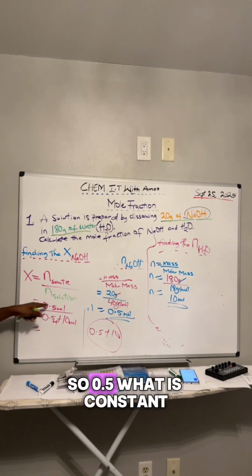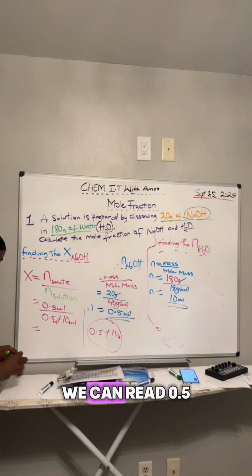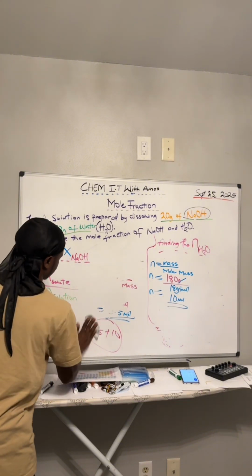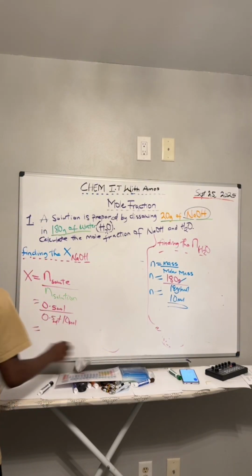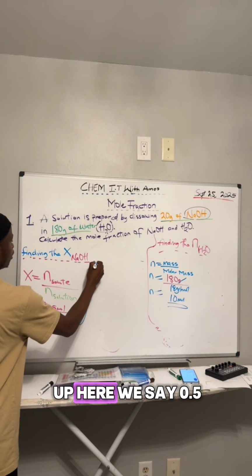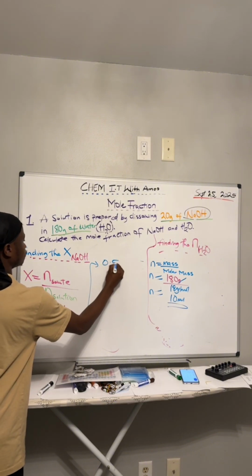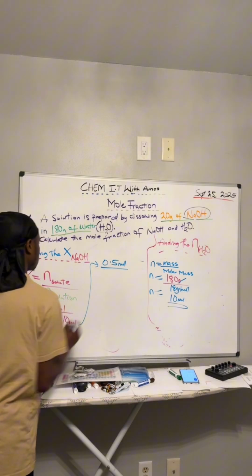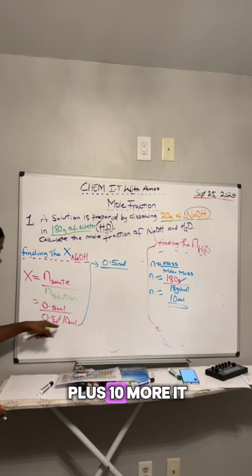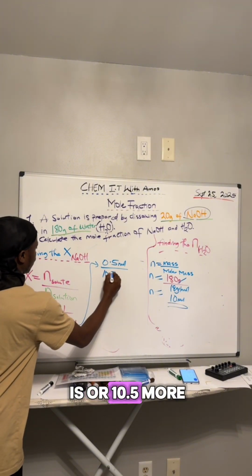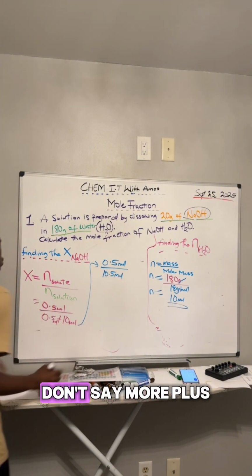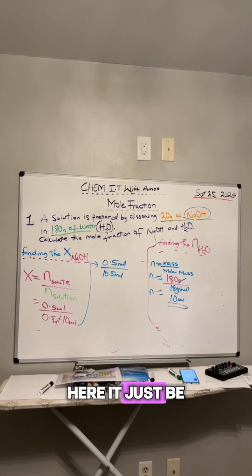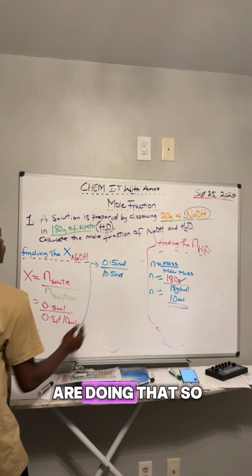So we write 0.5 mole divided by 0.5 mole plus 10 mole, or 10.5 mole. Don't say mole plus mole gives you mole squared or 2 mole. No, here it's just mole, because we are not multiplying.